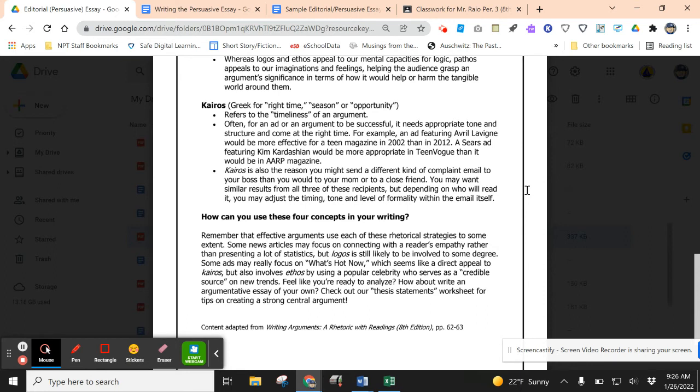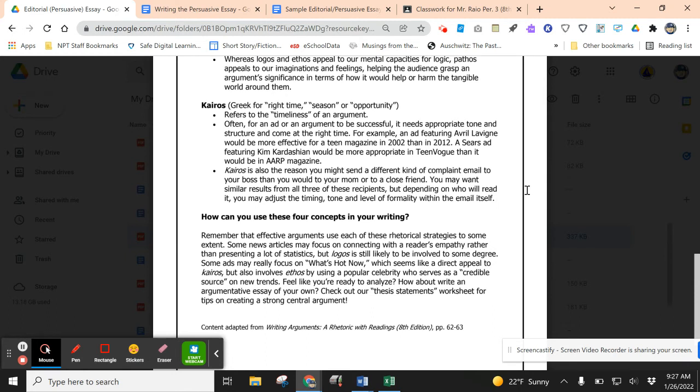So also timeliness. Okay, right now, arguments about gender equity are very timely. It's discussed. Arguments about free speech are pretty much always timely, but I think dress codes are very timely right now. So my point is, even if you're not doing one of those, homework, you can approach the timeliness of that by saying, listen, kids are stressed out and anxious more than ever because of the pandemic.